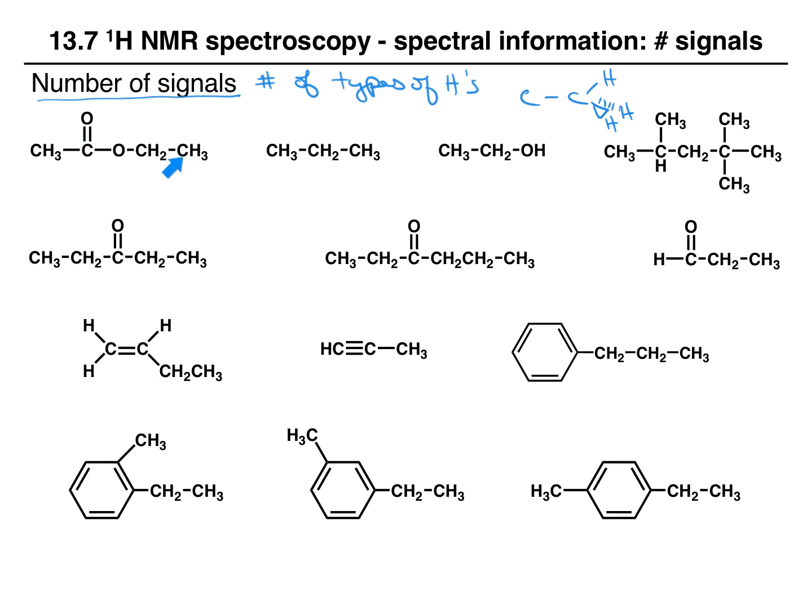These hydrogens are connected to a carbon that's connected to a CH2 group. And so even though they're both CH3s, these hydrogens don't have the same electronic environment, and so this is going to give us different signals. So these hydrogens are not equivalent to these hydrogens.